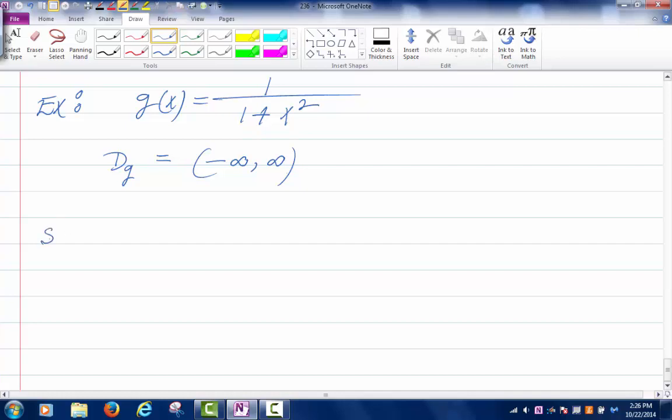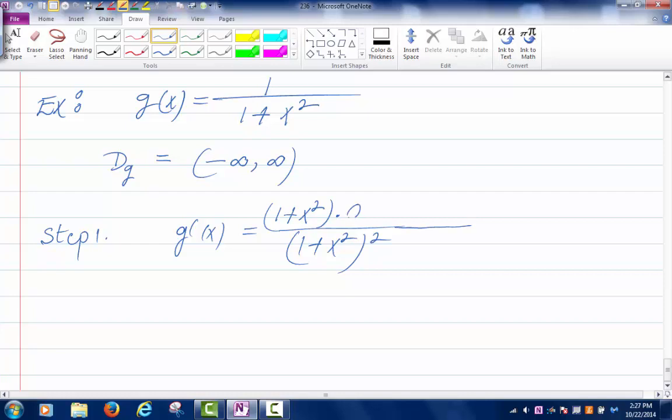Now, what is step 1? You find the derivative, right? So what is g prime of x? Well, if I apply the quotient rule, what would I get? 1 plus x squared would be multiplied by what? 0, right? The derivative of 1 is 0. Minus. A lot of people make a mistake right here when they take the derivative of this function.